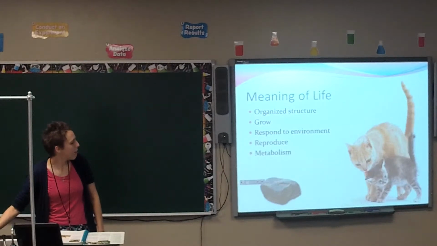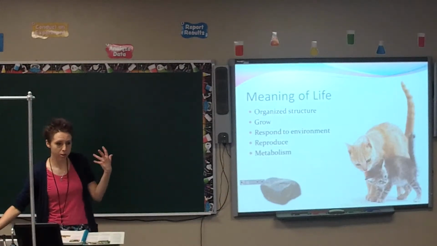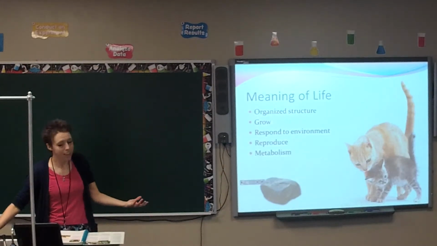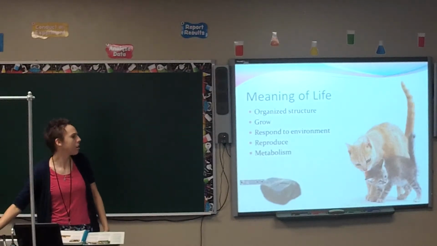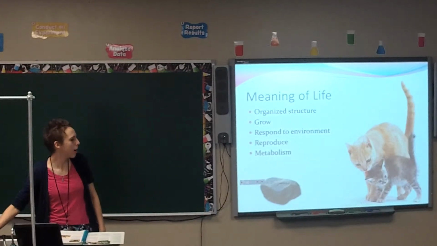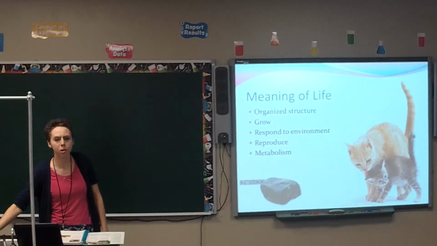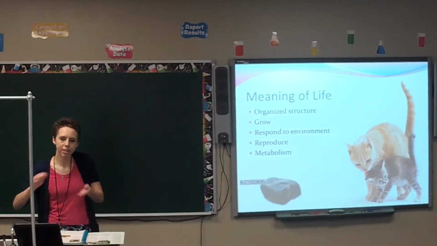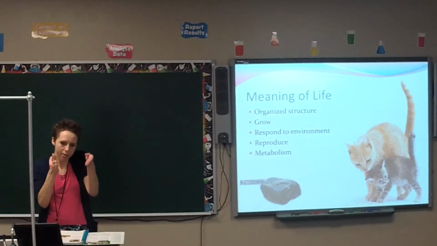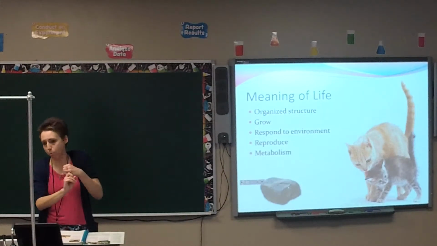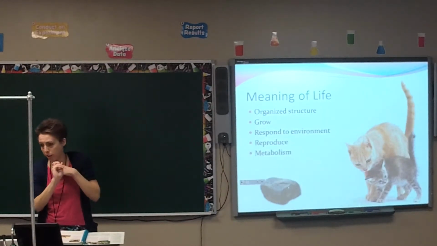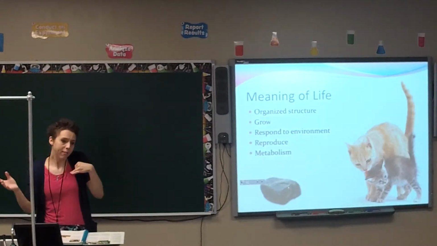So, for example, they have an organized structure, how their bodies are put together. Some of you might have a kitten or a cat now, and so you know that your cat has a very organized structure. A rock might have pieces, but depending on what type of rock you're looking at, they don't have the same shape for every single type of rock. Depending on how the rock breaks or how it gets formed, either by lava, it might not have the exact same structure.